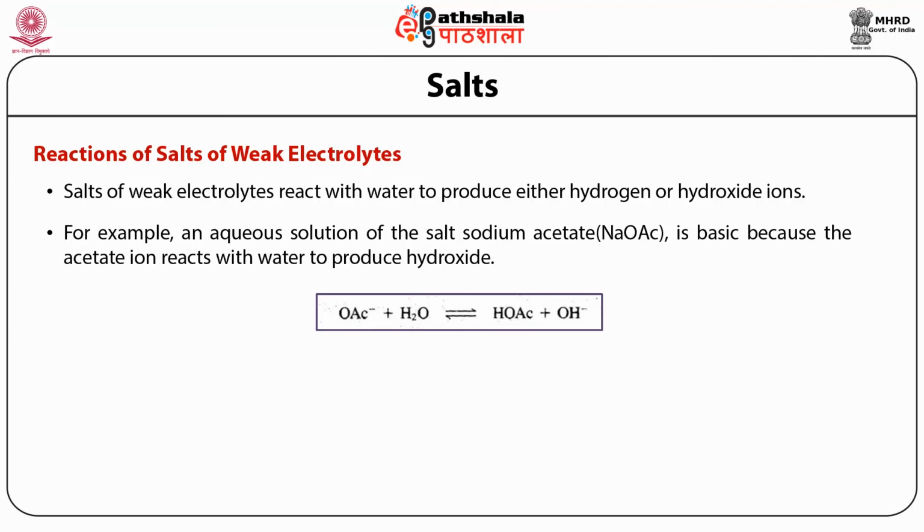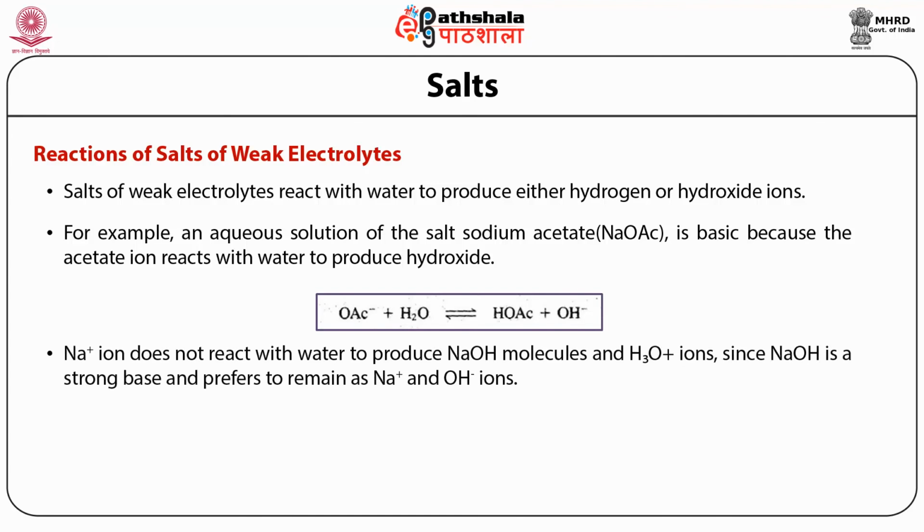This reaction occurs to an appreciable extent because acetic acid is a weak acid and prefers to remain as molecules. The sodium ion does not react with water to produce NaOH molecules and H3O+ ions, since NaOH is a strong base and prefers to remain as Na+ and OH- ions.